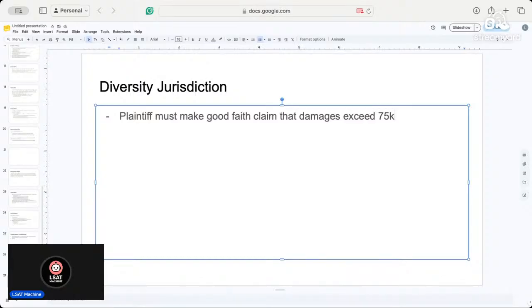And when can you add things together? So let's say you're suing for multiple things. When can you add the damages? You may aggregate claims when you have one plaintiff and one defendant.